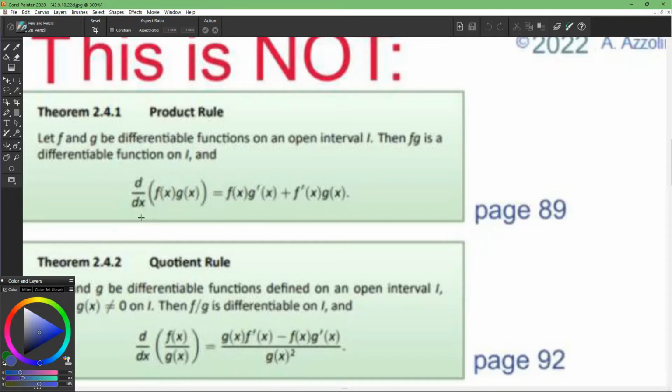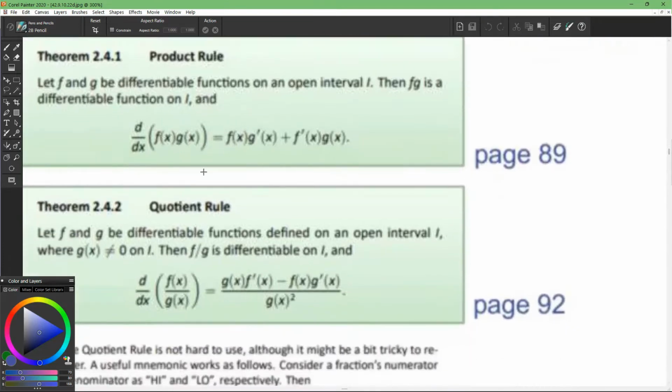The derivative of the product of functions f and g is the derivative of f times g plus the derivative of g times f. You start to hear the song I'm about to sing. I would say the derivative of the first times the second plus the derivative of the second times the first.